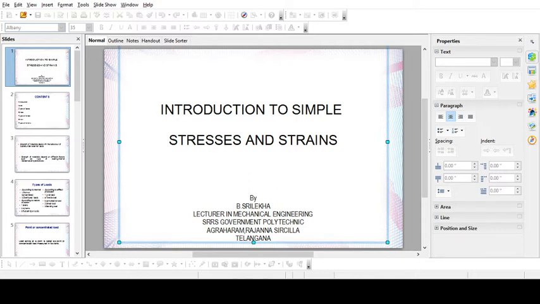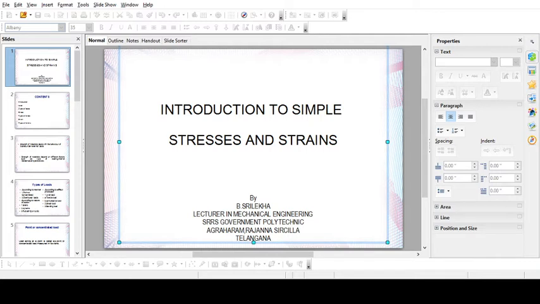Next is distributed load. The load which is distributed over a certain area or over a certain length is nothing but distributed load. Now this load is distributed along the length of a loaded member. Say a beam is there of 20 meters.